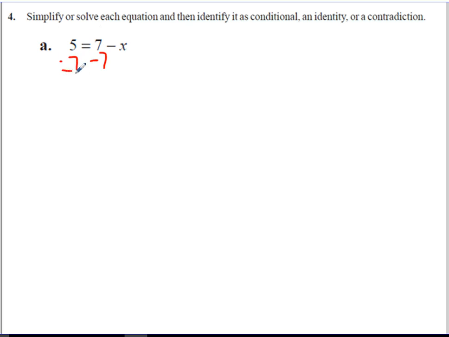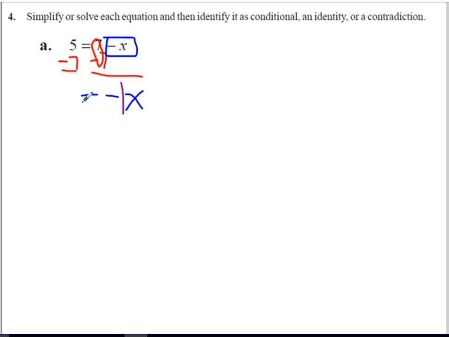So if we subtract 7 on the left to 0 that out, we have to subtract 7 on the right. But notice that that was a minus x. We can't lose that sign. Remember, there's an invisible 1 there. So that's a negative 1 that's being multiplied by x.